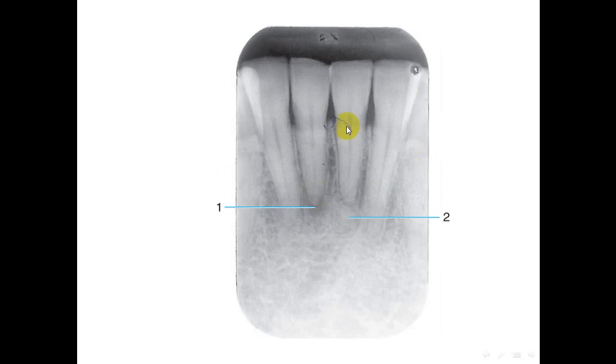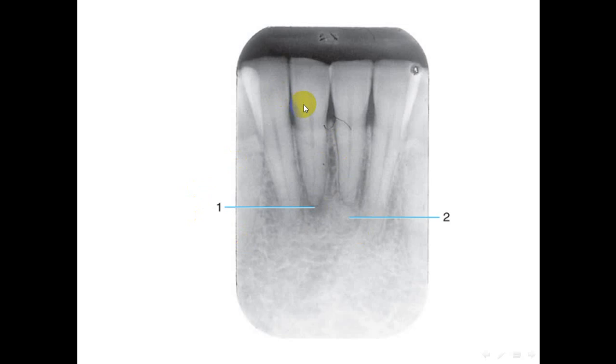Here we can see fibrous dysplasia, which has two shapes. The early shape is the formation of a radiolucent area, and after that it progresses to a late stage, which leads to the development of radiopaque material. In both cases, we can see that the tooth is a vital tooth.